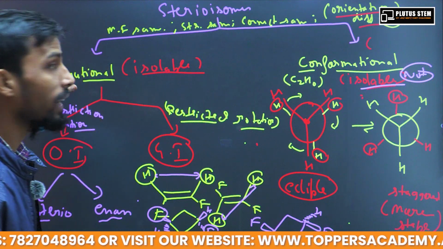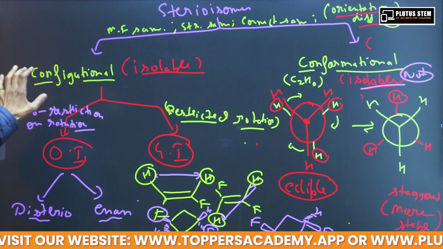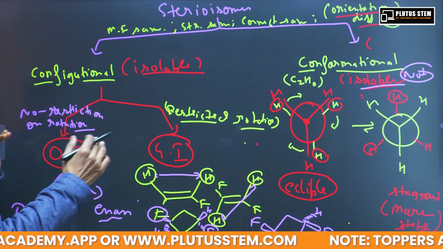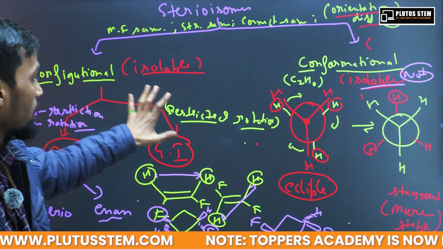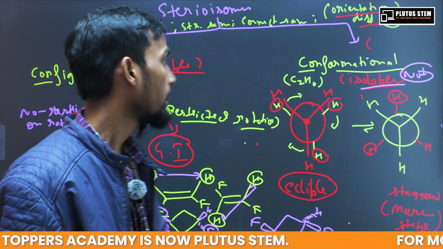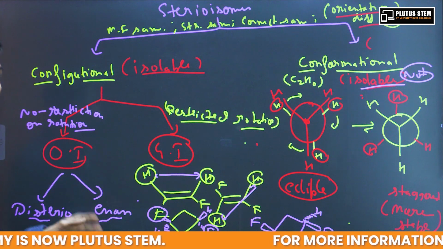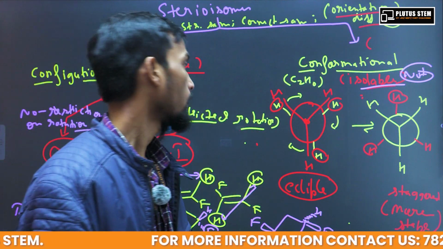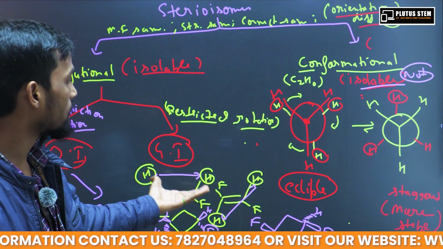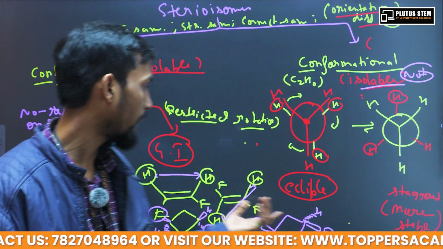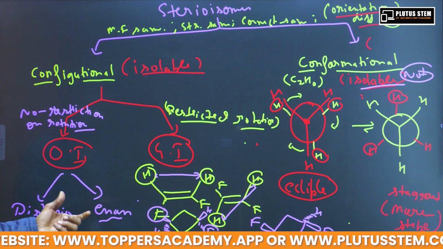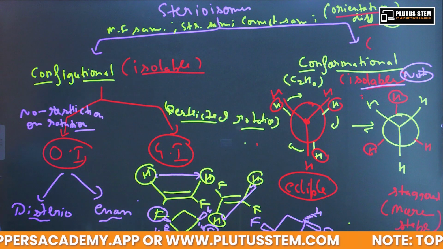Regarding configurational isomers, they can be isolated, and they are again of two types: 3D orientation difference due to restricted rotation, and 3D orientation difference without restricted rotation. With restricted rotation we will see cis-trans in alkenes, alkynes and cyclohexane compounds, with different orientations. And regarding optical isomers, there are enantiomers and diastereomers.